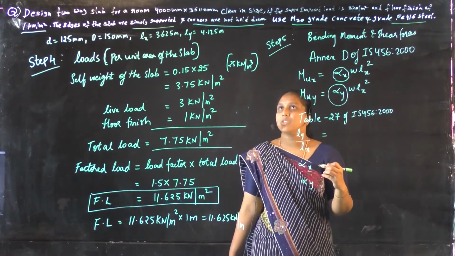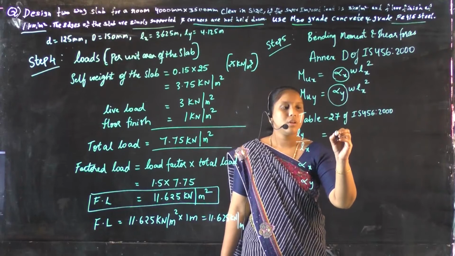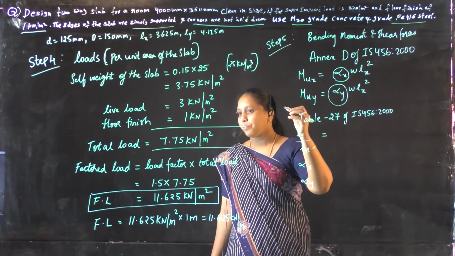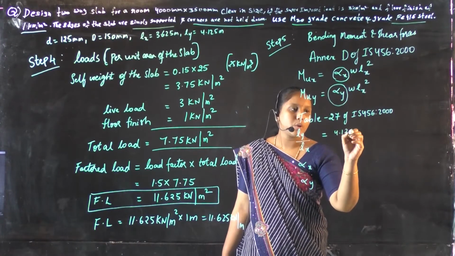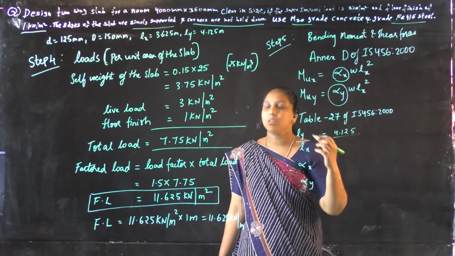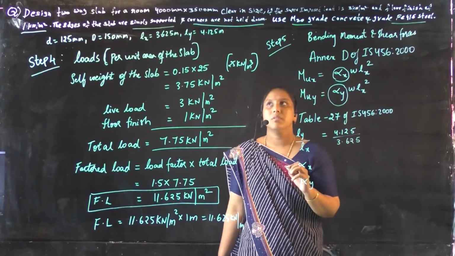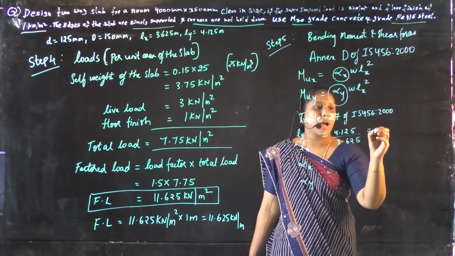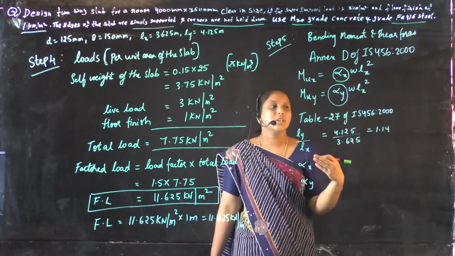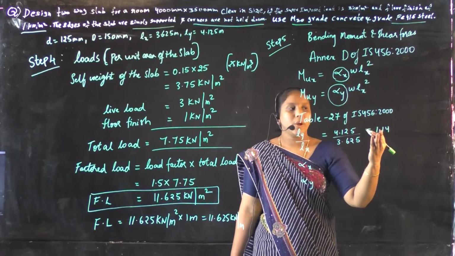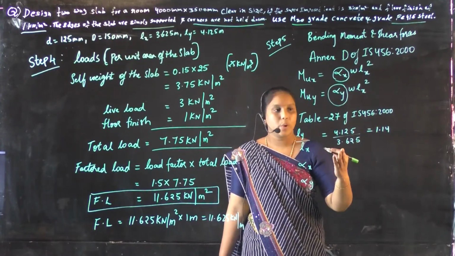The longer span given here is the effective span that we have already calculated, 4.125, divided by the shorter span, which is 3.625, which will give you a value of 1.14. From this itself you can tell that this is a two-way slab, because if the Ly by Lx ratio is less than 2, it is called a two-way slab.